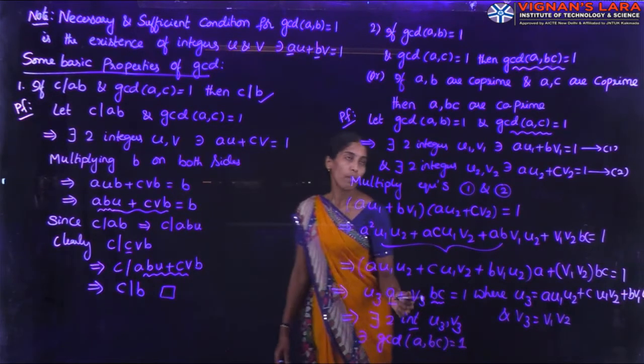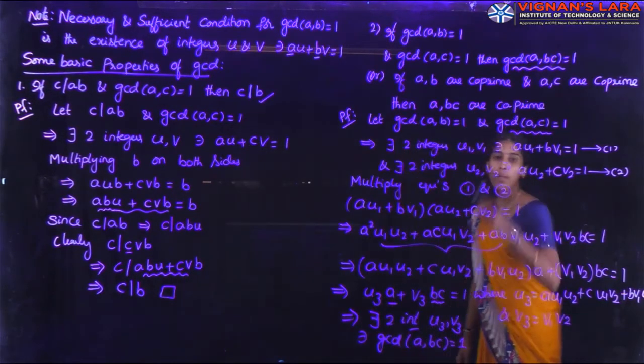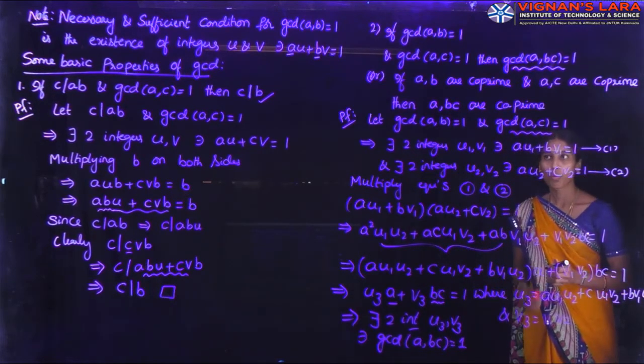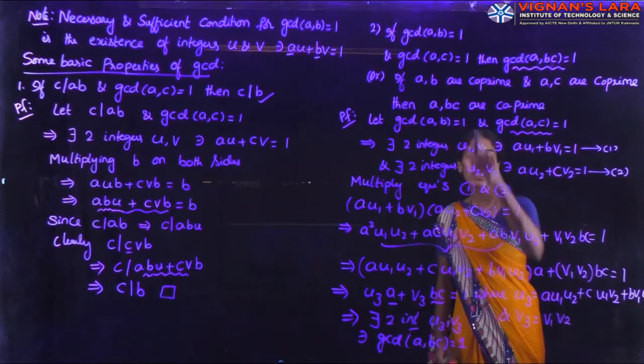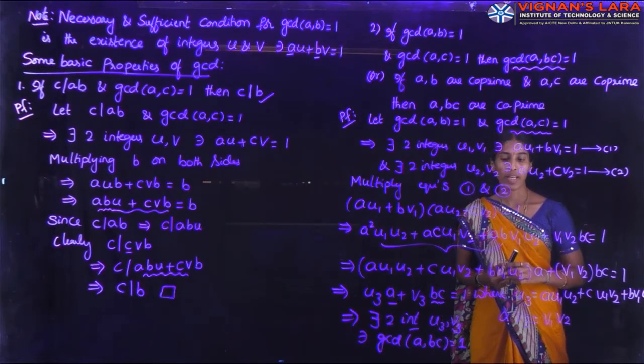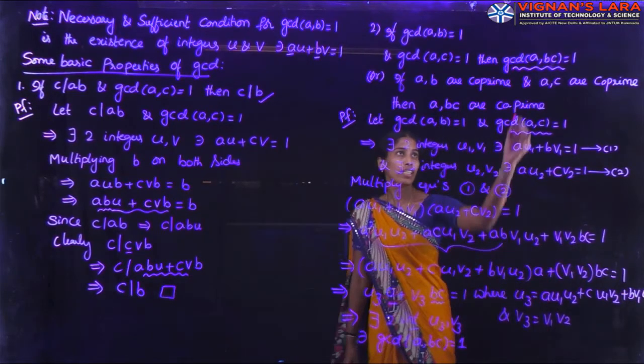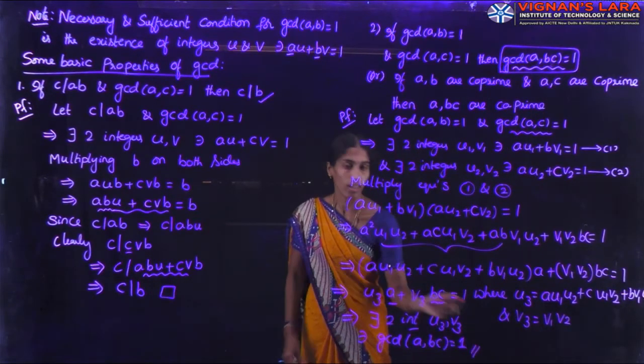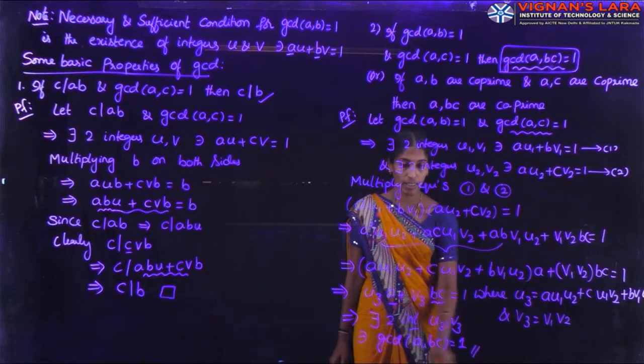So here if you observe, whenever A, B are co-prime and also A, C are co-prime, then A, BC are also co-prime, right? With this we get GCD of A, BC is equal to 1. With this the result is completed.